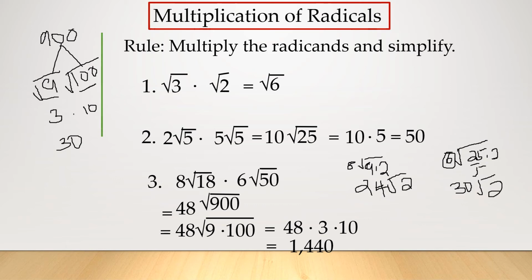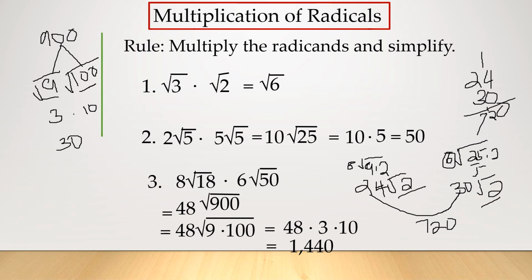And then I'm going to multiply 24 times 30. So what is 24 times 30? Okay, so 0. And then 3 times 4, that is 12. 1. So that is 3, 6, 7, 20. So 720. Then multiply square root of 2 times square root of 2. That is square root of 4. And what is square root of 4? Square root of 4 is 2.